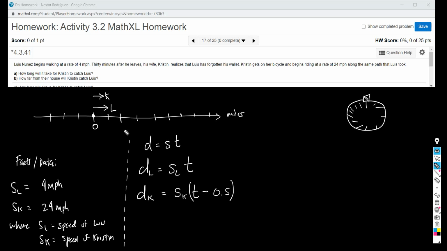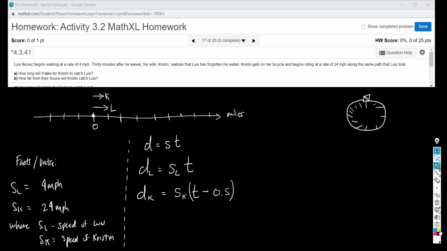So the time is already going, and Christine is going to start walking 0.5 hours after Luis. You see what I mean? It's not the same time, and the time for Christine in these two equations cannot be the same.